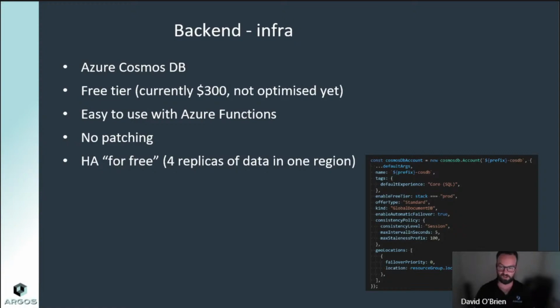Sorry, I just keep on saying Australian dollars. We're all in Australia. Force of habit. So we spend around $300 a month on this Cosmos DB now, which is probably somewhere around half of what we would pay for SQL Server, to be honest.